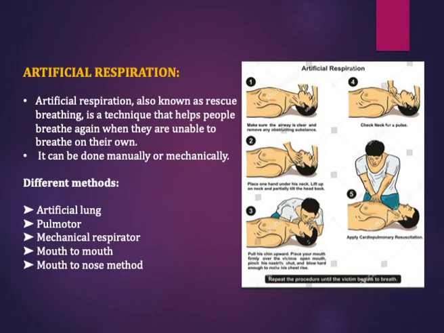Artificial respiration is also known as rescue breathing, as it is a technique that helps people breathe again when they are unable to breathe on their own. It can be done manually or mechanically, using different methods like artificial lung, pulmotor, mechanical respirator, and mouth to mouth respiration.